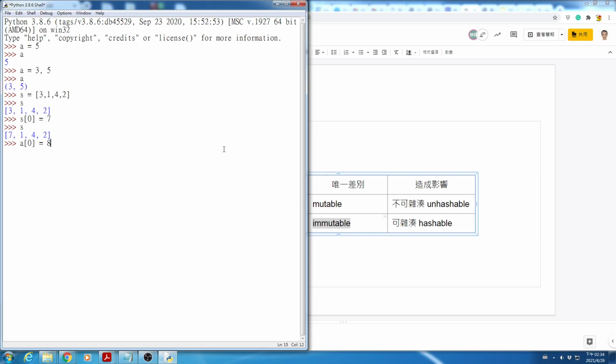When you hit enter, you will get an error message, something like this: tuple object does not support item assignment. Do you know what it means now? When you say a tuple is immutable, do you know what it means now? Any question at all? No? If you don't have one, I have one for you.